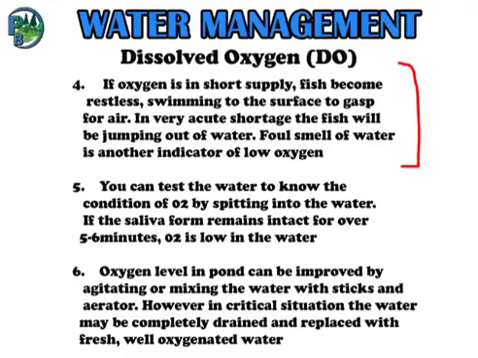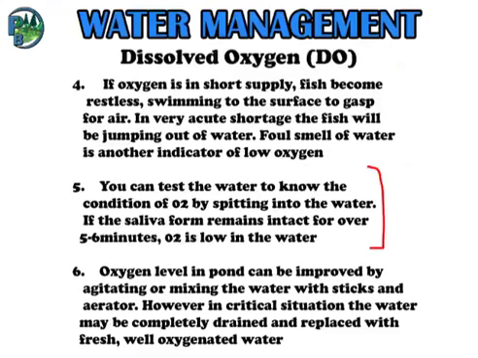If oxygen is in short supply, fish become restless, swimming to the surface to gasp for air. In very acute shortage, the fish may be jumping out of the water. Foul smell of water is another indication of low oxygen.